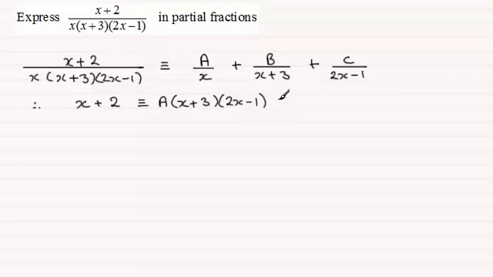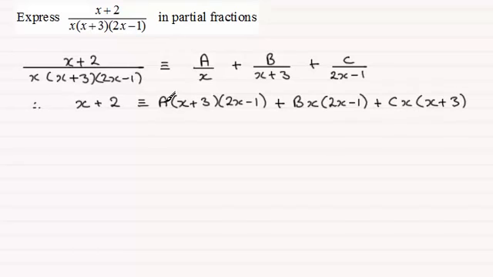For this second fraction, the (x + 3)'s will cancel, leaving me with B times x times (2x - 1). And for the last fraction, it's the (2x - 1) that will get cancelled, leaving me with C times (x + 3).